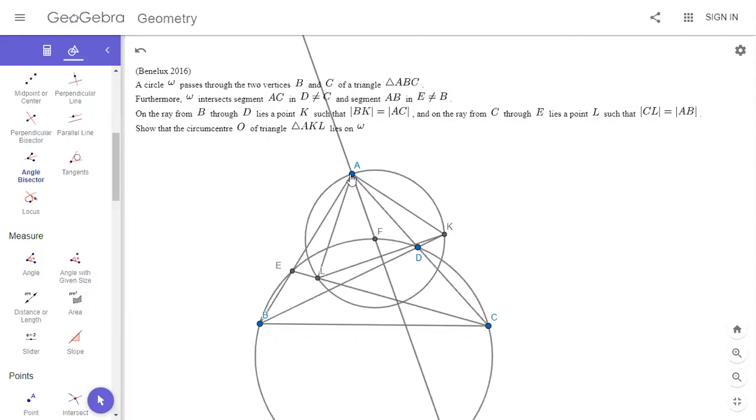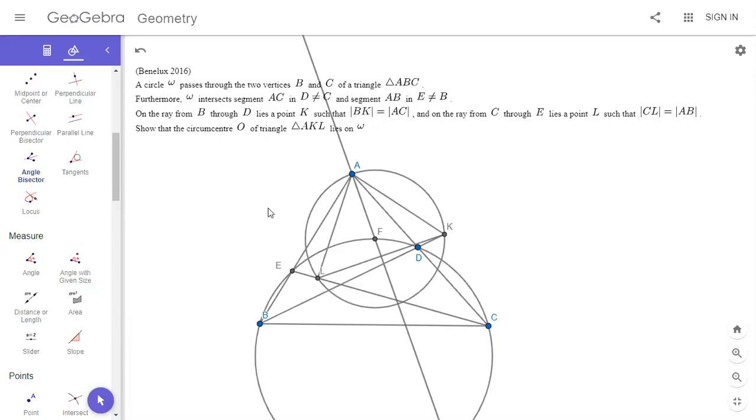But if we flip triangle, wait a sec. BAK, CAL.